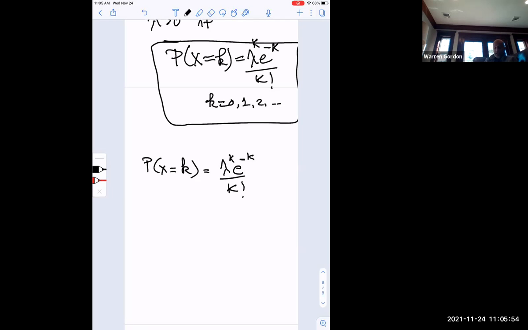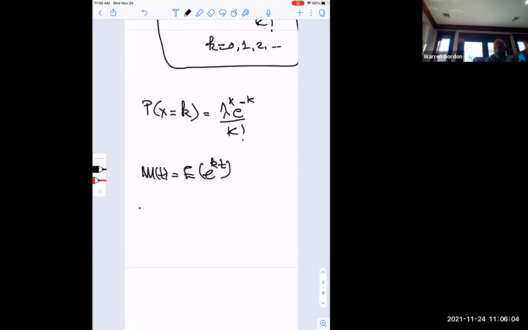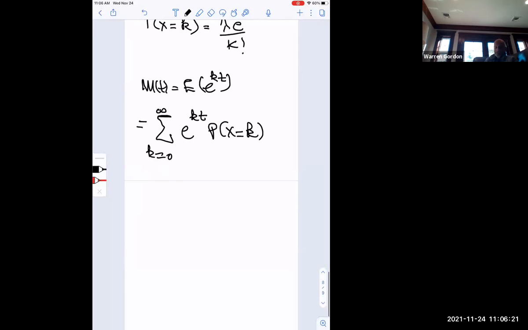So the moment generating function, remember, would be e to the kt, which is the sum of e to the kt times the probability that X equals k, going from 0 to infinity. Now let me put this in.